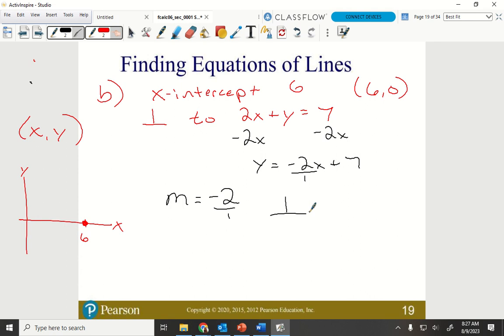So if I'm starting with the negative, I know I have to end up with a positive, and that 2 over 1 is now going to turn into a positive 1 over 2. Right? 1/2 or 1 over 2. Now, what information do I have now? I now have the point and the slope. So I could use the point slope. Very good, point slope. Do it.